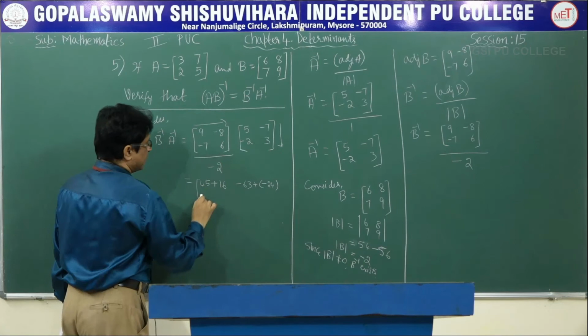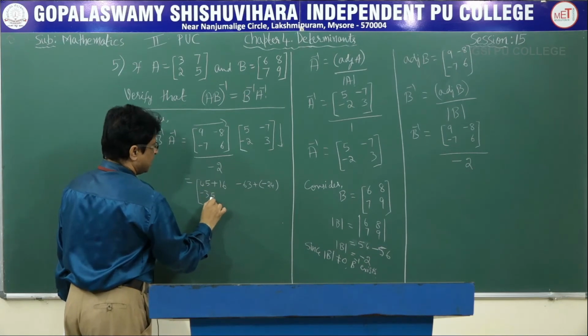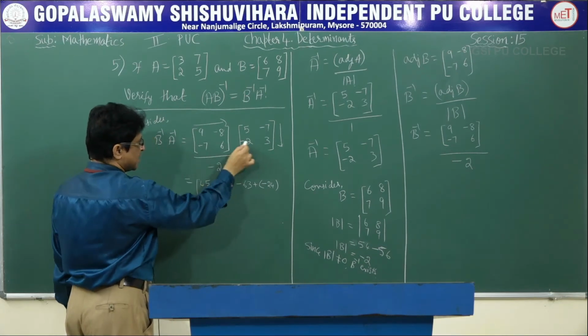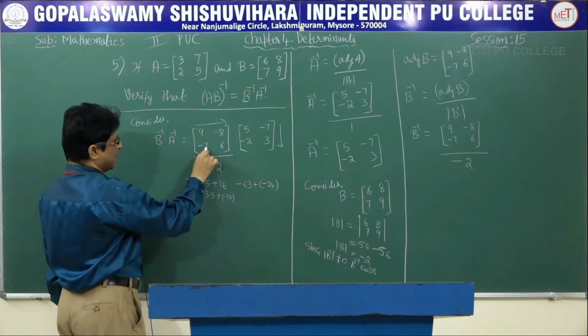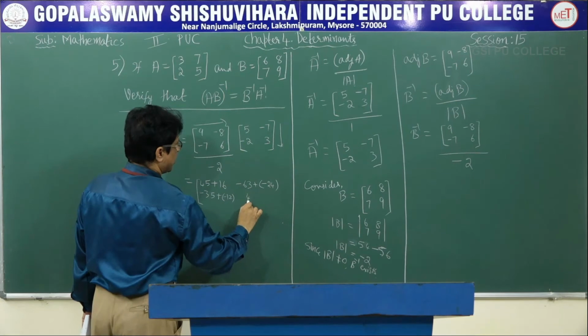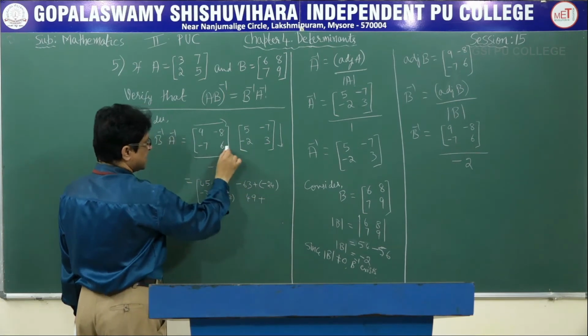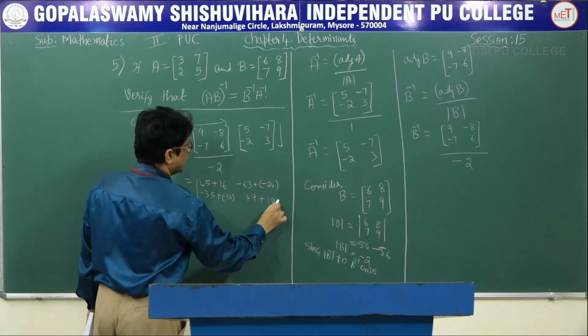Minus 7 into 5 is minus 35 plus 6 into minus 2 is minus 12. Next, minus 7 into minus 7 is 49 plus 6 into 3 is 18.